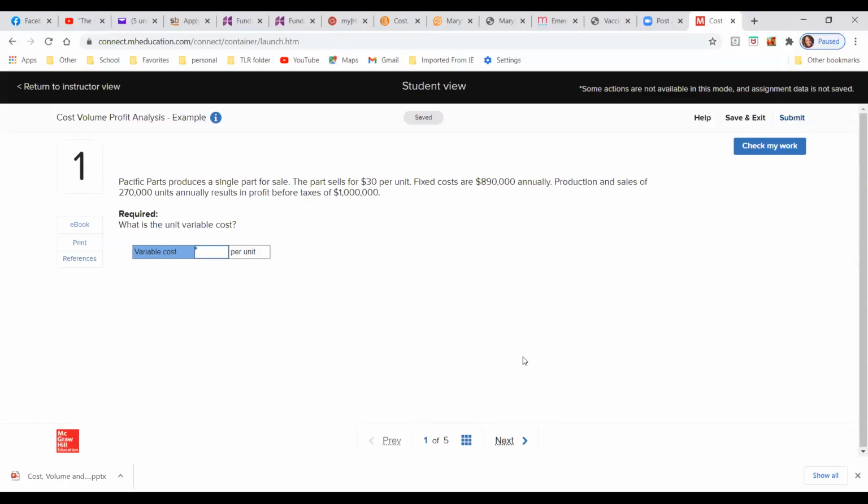Question number 1 says, Pacific Parts produces a single part for sale. The parts cost, and I'm writing this down. When you're going through your problems, particularly on your homework or any assignment that requires calculations, I do believe printing it off helps for many of you. Why am I doing this?